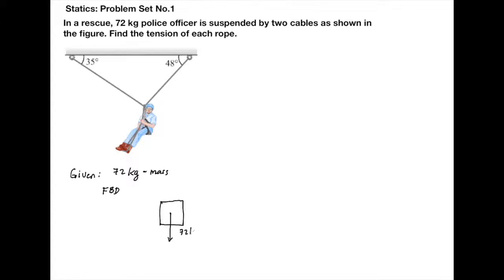We have to convert it into weight. So how do we do it? That is 72 kilograms times 9.8 meter per second square, and the weight is 705.6 Newton.